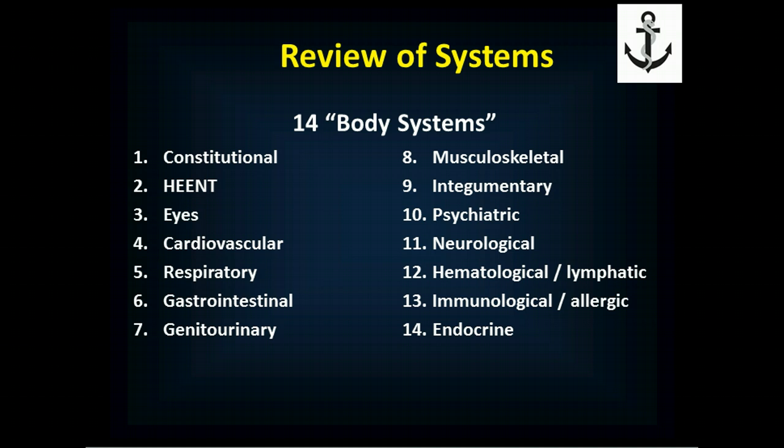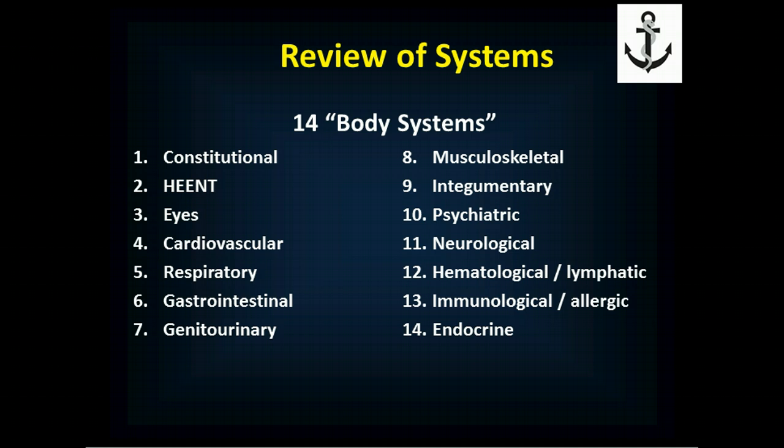Respiratory is breathing, but also includes things like something called clubbing, where the ends of the fingertips get rounded out in patients with chronic obstructive pulmonary disease, and they look more like little clubs. Gastrointestinal is everything related to the bowel. Genitourinary is everything related to the urinary system and the genital and reproductive systems.